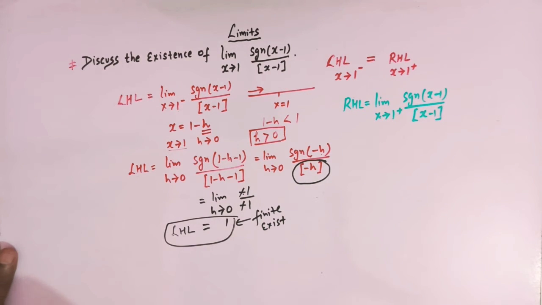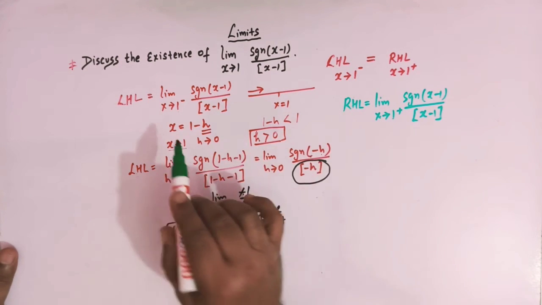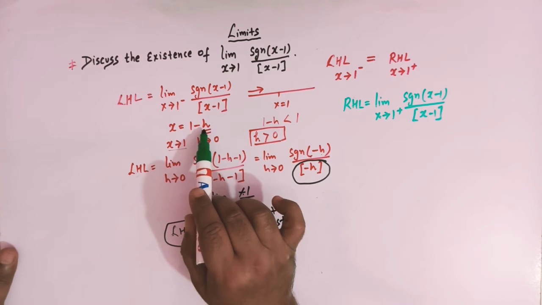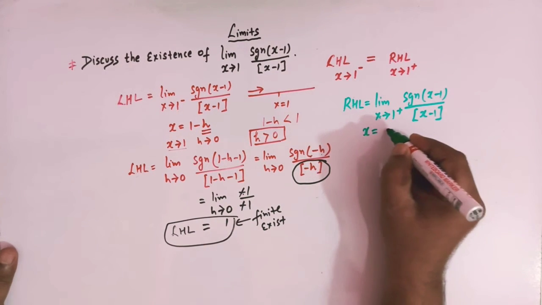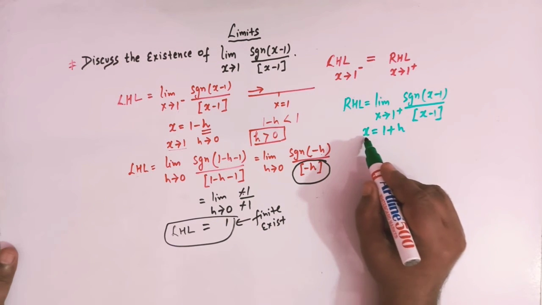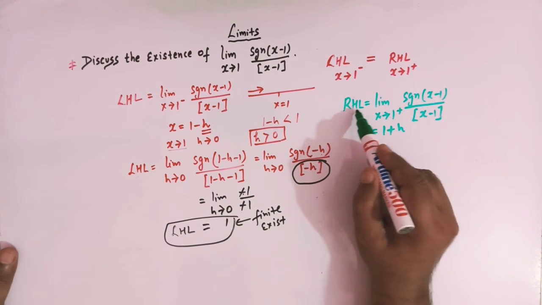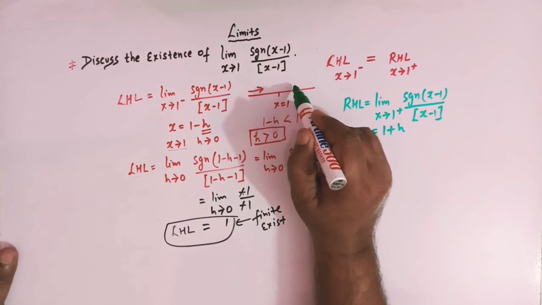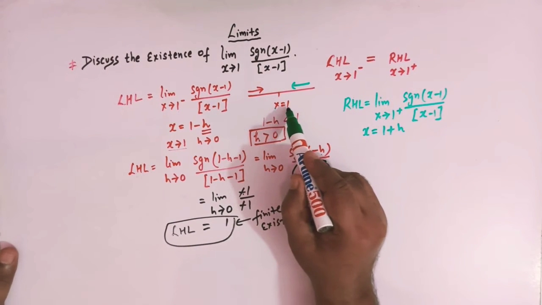So again, in order to calculate this limit, we'll make use of this concept of h. So we'll take x is equal to 1 plus h, because to calculate the right hand limit, we have to approach towards x is equal to 1 from the right of x is equal to 1.